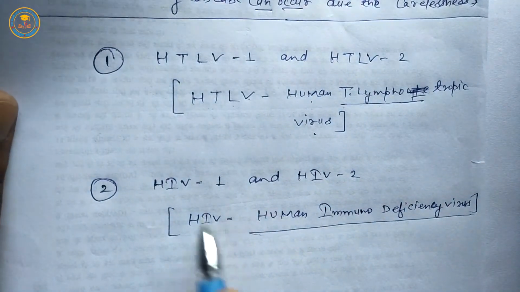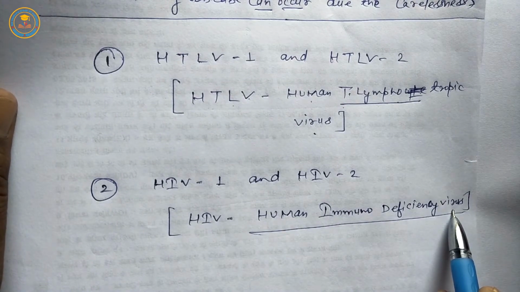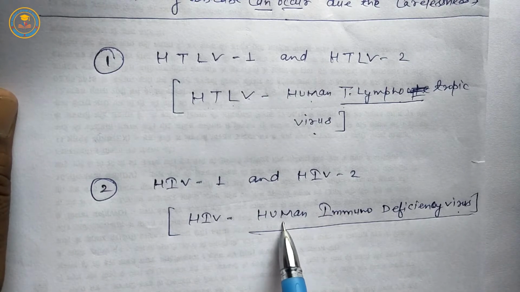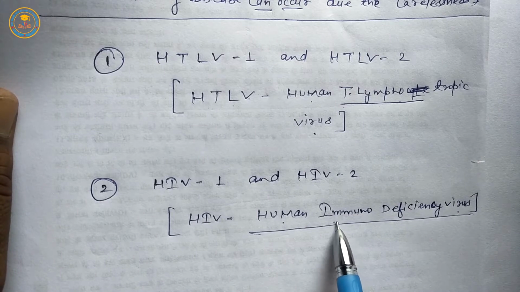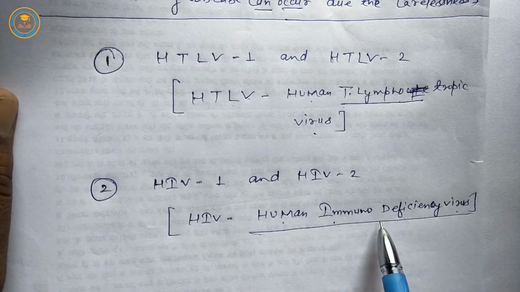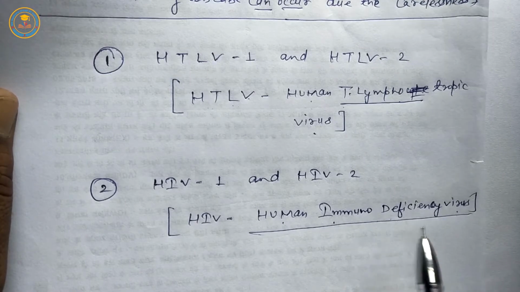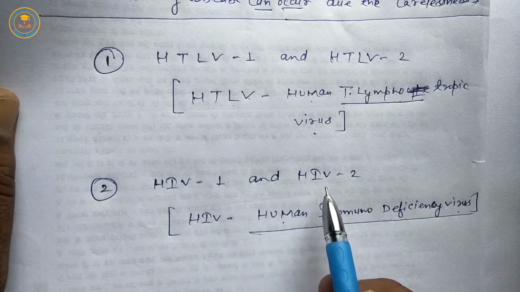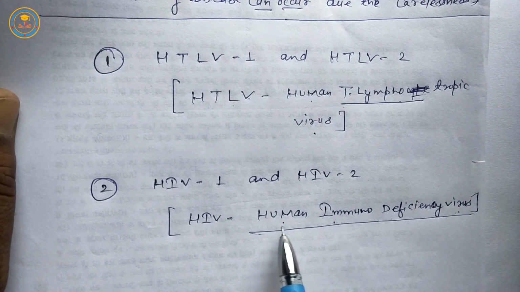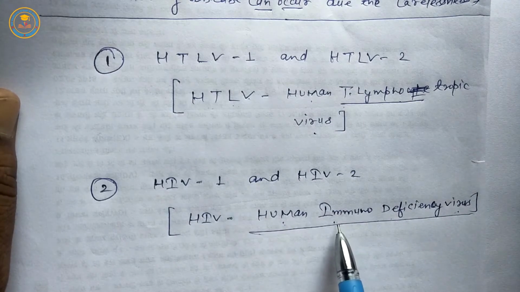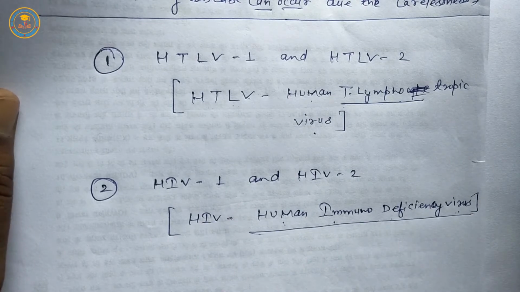Students, HIV first and HIV second are viral diseases related to humans and the human immune system. It means related to human immunity, which becomes weak. Once again, HIV first and second are viral diseases. They infect the human immune system. It means human immunity becomes weak.